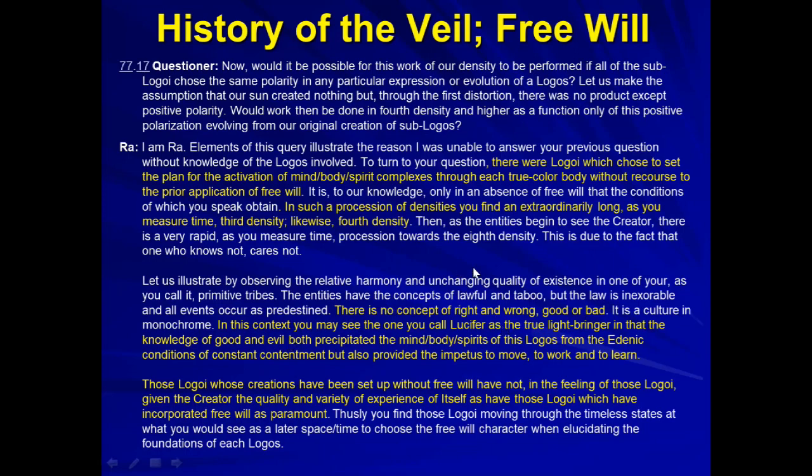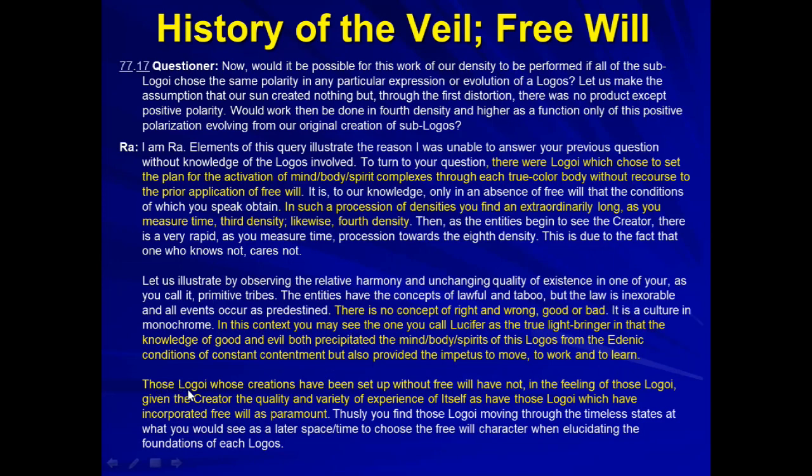Whereas prior to that, there wasn't, right? The description of this hypothetical primitive tribe was a description of the Edenic state, where there are taboo things, don't eat of the fruit, but do whatever else you want. You just gotta have fun and have a good time. Whereas then it became a situation where there was knowledge of good and evil, and you can start to choose how you want to experience life amongst those.